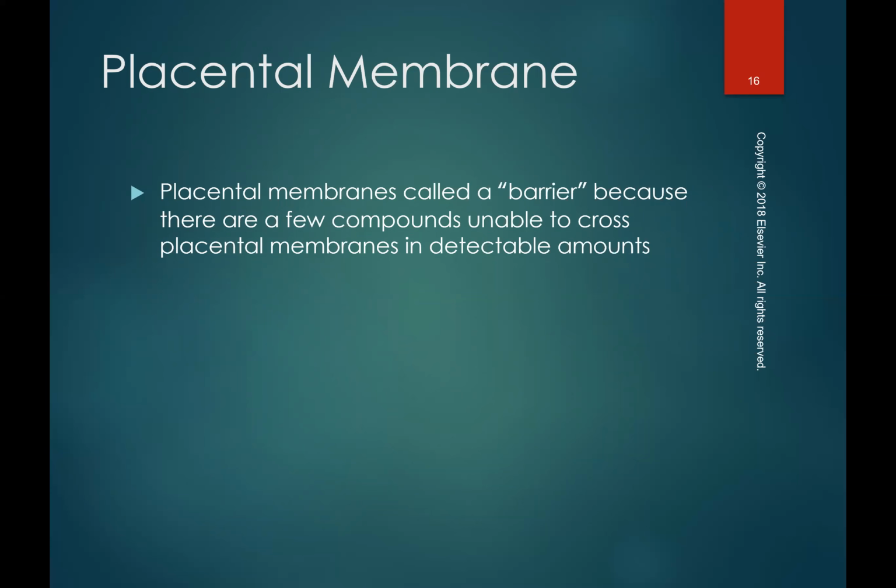Some medications can pass through. There's actually a grading system of medications that are good to take and things that should definitely not be taken because of how they could slip through the placental membrane and affect the baby.